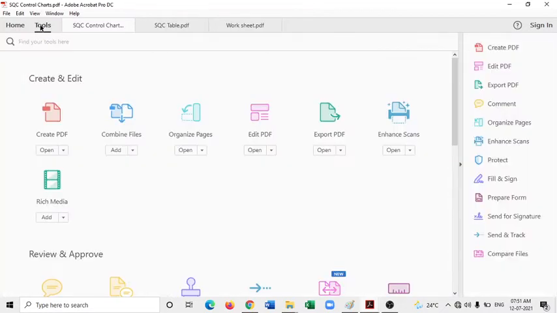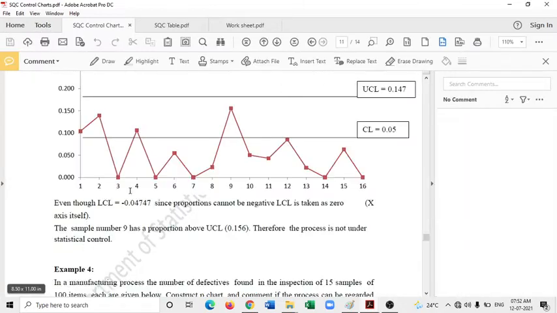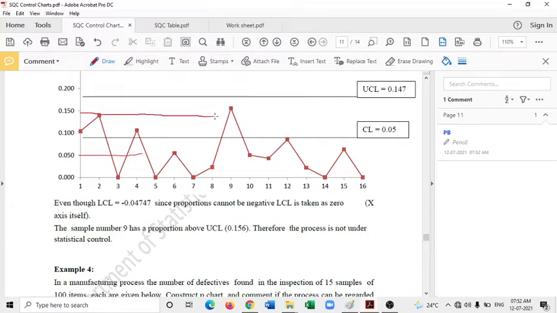So I shall draw that this LCL should come at this point and UCL should come at 0.147, just below 0.15. So we found that for this sample or subgroup number 9, the proportion is beyond the control line. Therefore, we say the process is out of control.